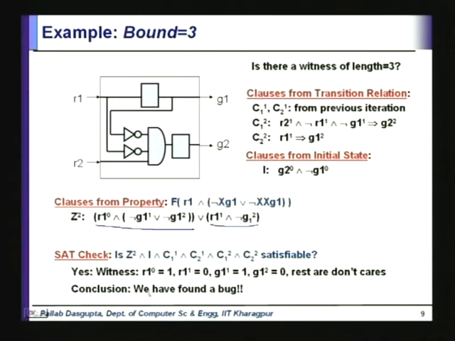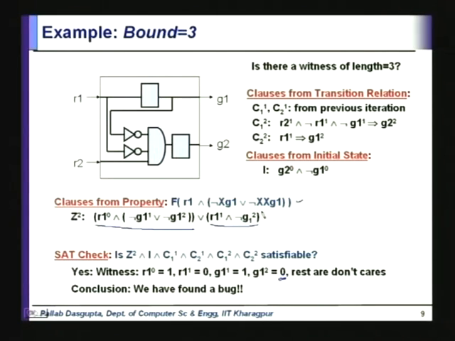So, this is the counter example that we were expecting, that R1 is high in one cycle, low in the next cycle. Then this assignment refutes the original property and therefore satisfies the negation. So, the conclusion is that now we have found a bug. The moment we find a witness which is satisfying the counter example, we have found a bug.